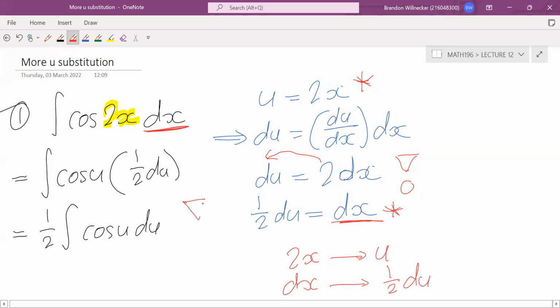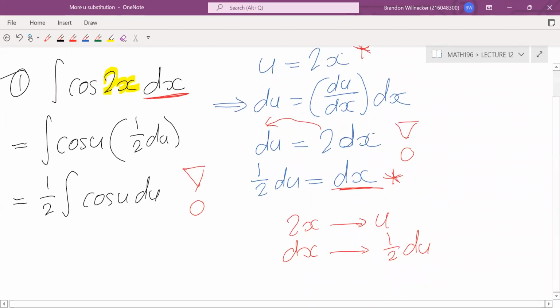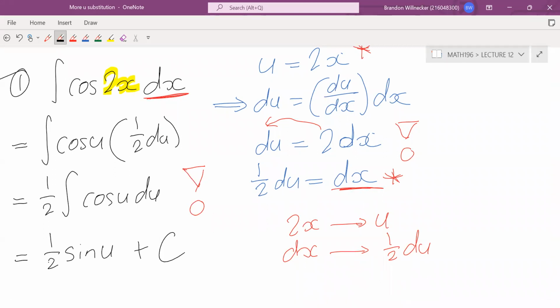Now this is very simple to do. We know how to do this. The integral of cos is going to be sine. So this is going to be 1/2 sine of u, and don't forget your plus c. We're still working with indefinite integrals, so you have to remember your plus c.